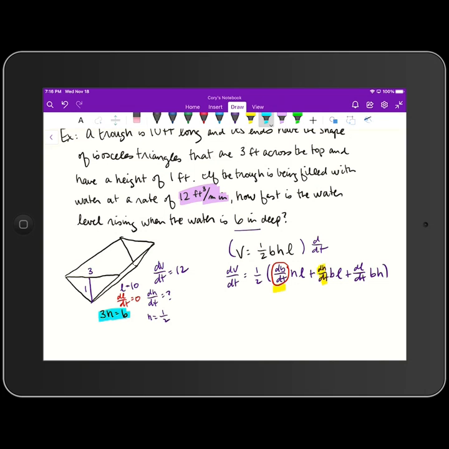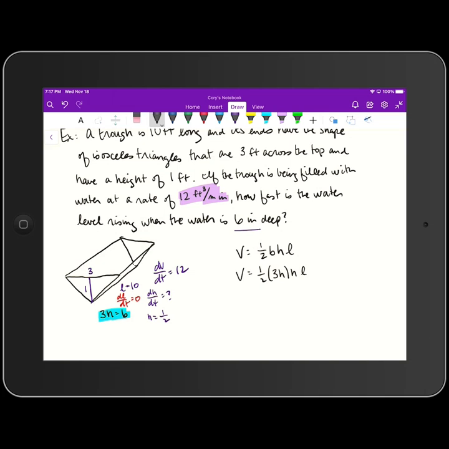We can replace b with 3h, which is going to allow us to write that volume formula in terms of h and l. So let's go ahead and do that, and that'll work us around the problem of not knowing what db/dt is. Okay, so our volume here is going to be 1/2 times b, which we said was 3h, times h times l.